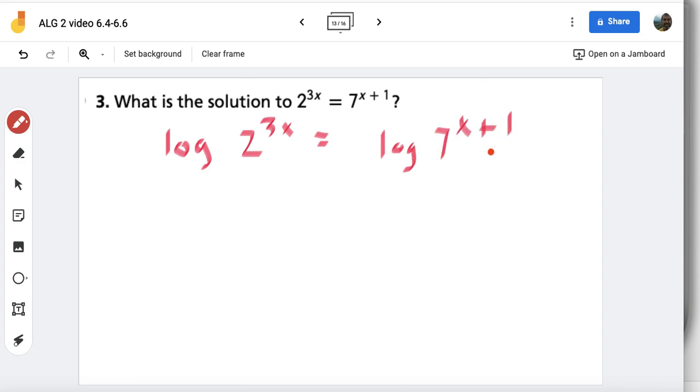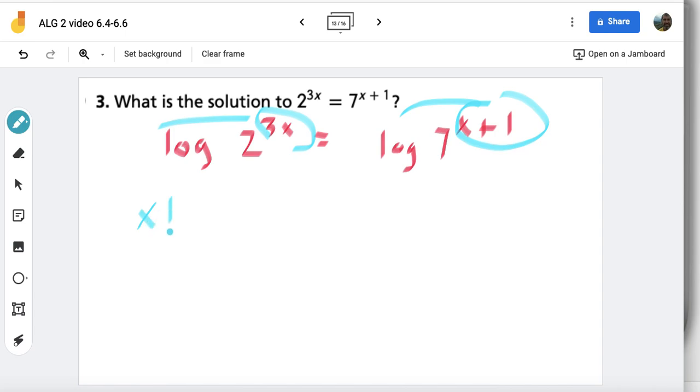Now, do you remember what we did, or what they did? We're going to take this exponent and put it out front. We'll have 3x. Actually, we could leave the 3. Let me do that. We can leave it as 2 to the third power, because 2 to the third power is 8. So I'm going to take just the x out front.